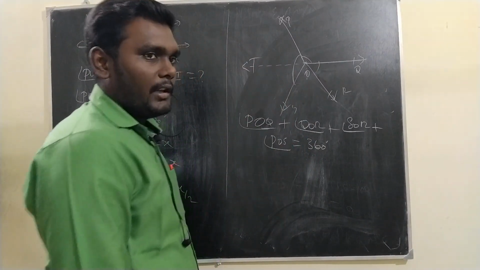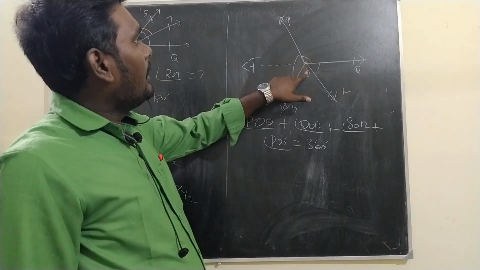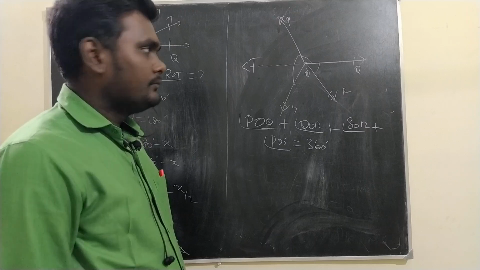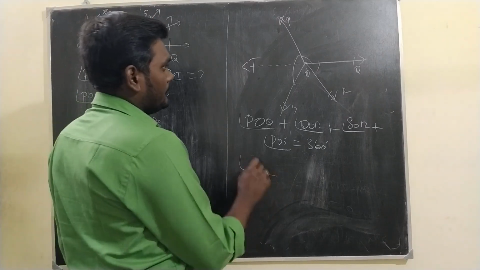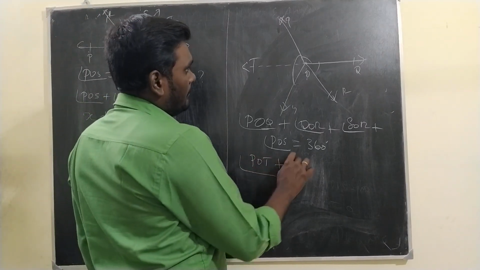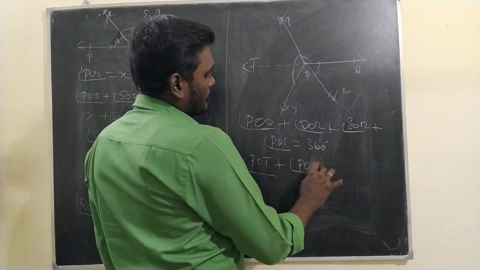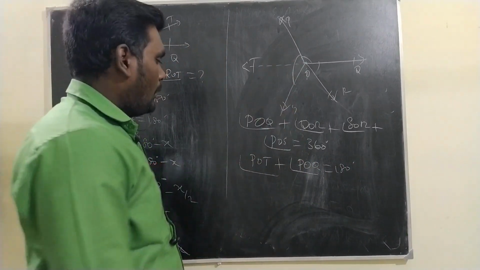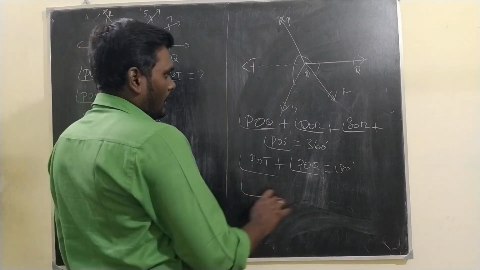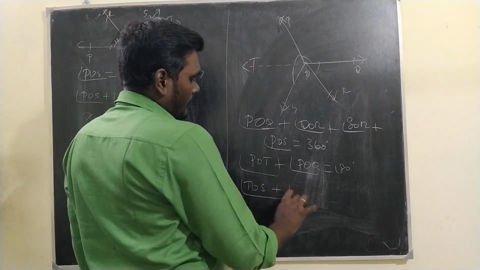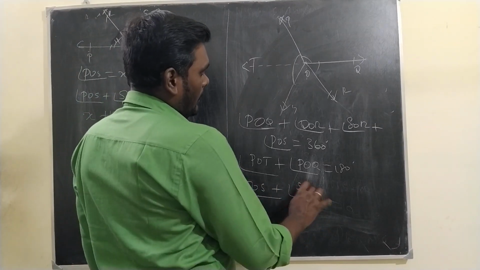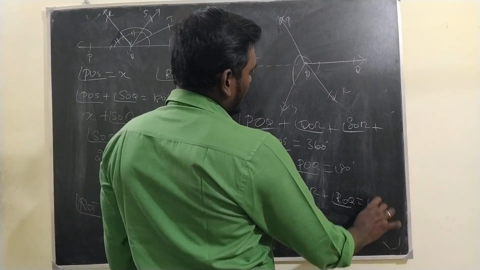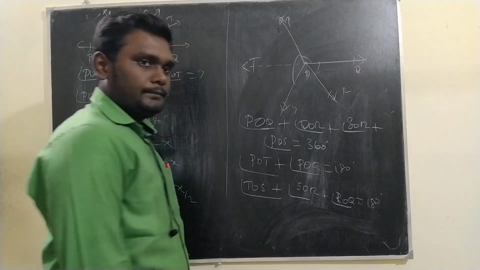Drawing OT. Now you see the ray OP stands on the line PQ. So we get angle POT plus angle POQ equals 180 degree. Likewise, below the line we have angle TOS plus angle SOR plus angle ROQ equals 180 degree. Correct?